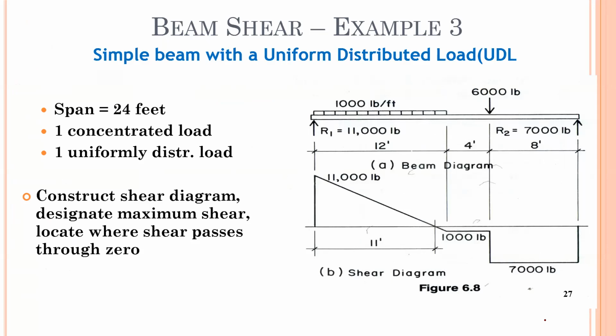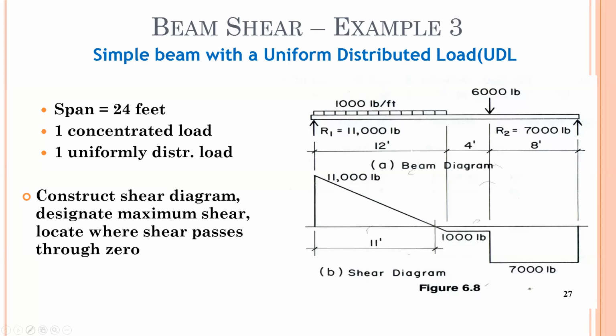If the reactions are not given, you would convert the UDL to a point load by multiplying 12 times 1,000, so you would get 12,000 pounds, and you would assume that it acts at the center, so it acts 6 from RA, right here in the center.